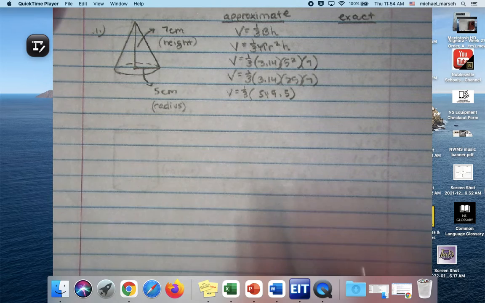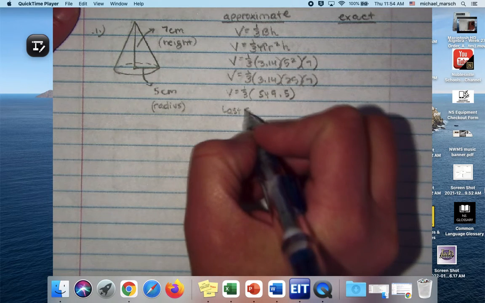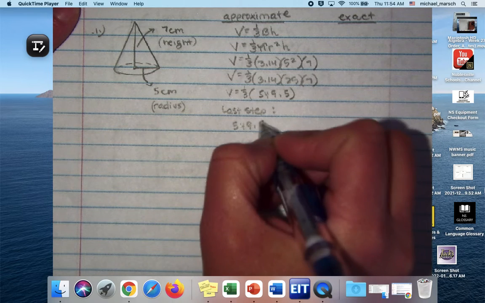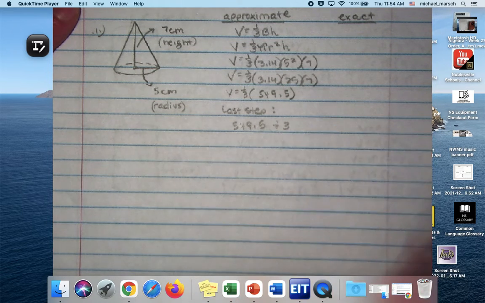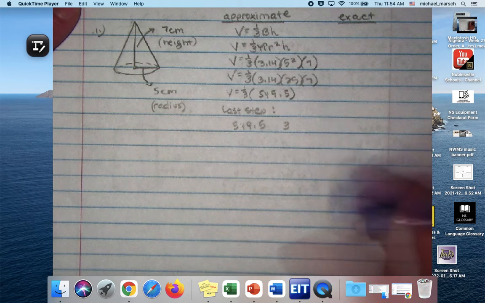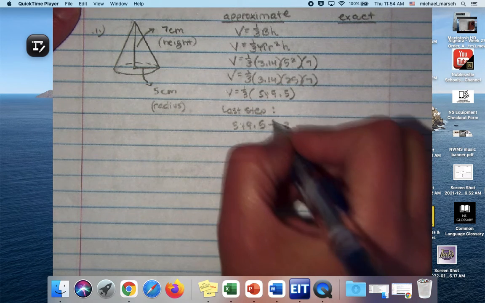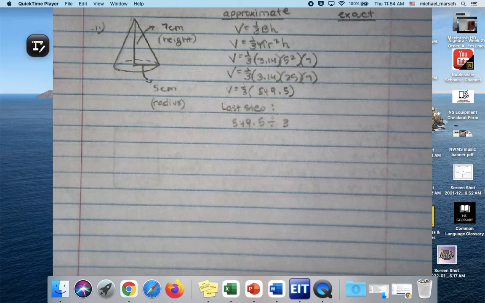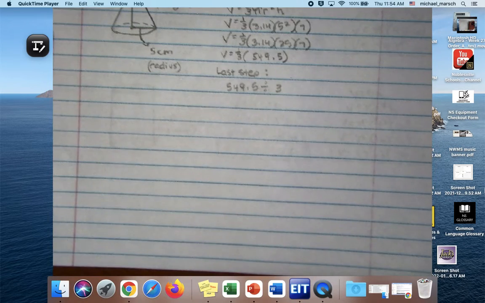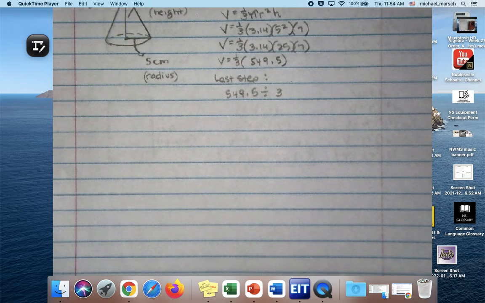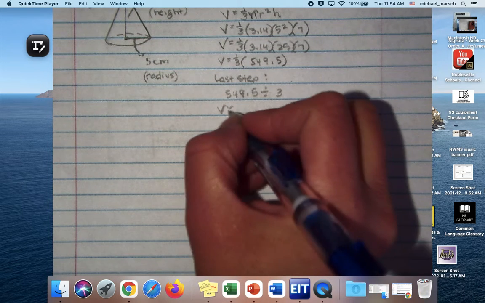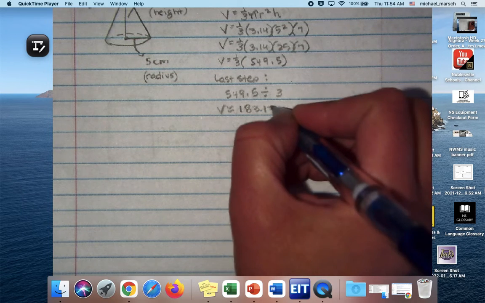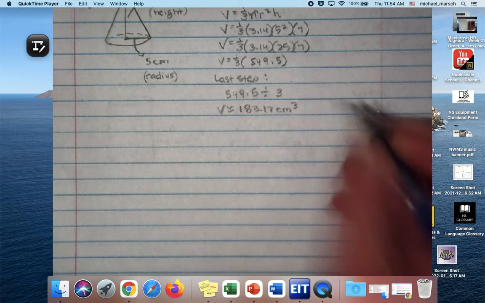And then my last step, 549.5 divided by 3. Like I said at the beginning, you would just put this value in your calculator, hit the division symbol, and 3. And then you have an approximate volume of about 183.17 centimeters cubed.